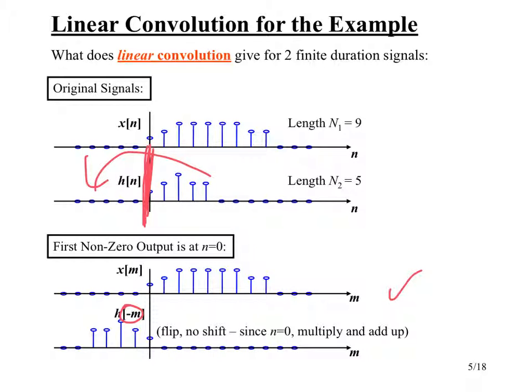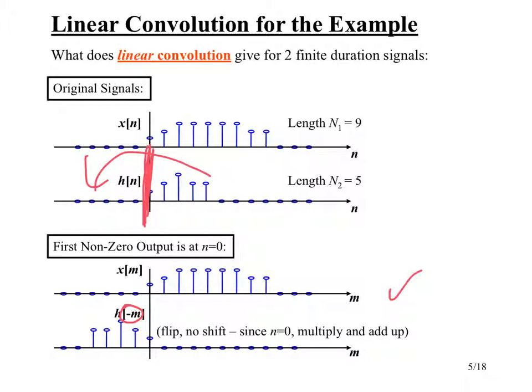And if you think back to how linear convolution works, we do the flip, we have to do various shifts, and at each shift we multiply the top times the bottom, and then add up all those products, and that gives us the output at the n value corresponding to the shift. So if I want to find my n equal to 0 output, I don't do any shift at all.